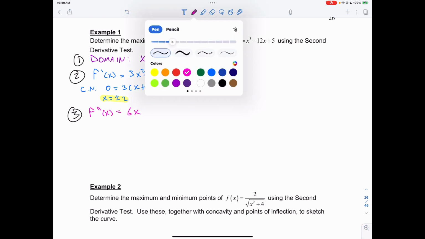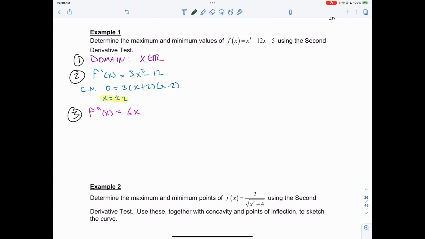So I'm going to take the second derivative at negative 2, which is going to give me negative 12.